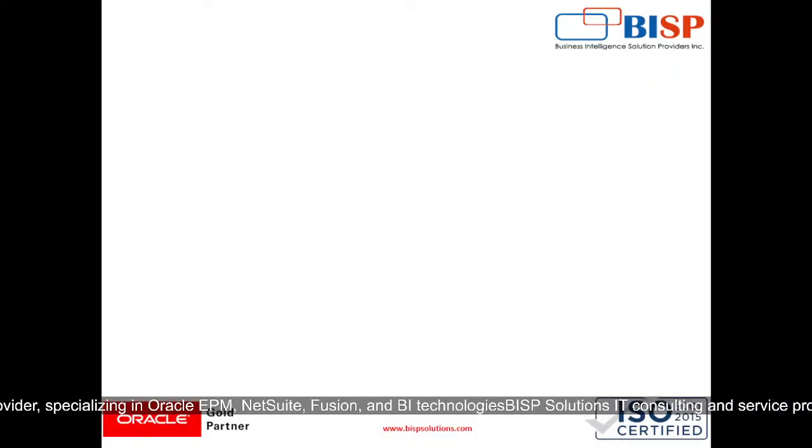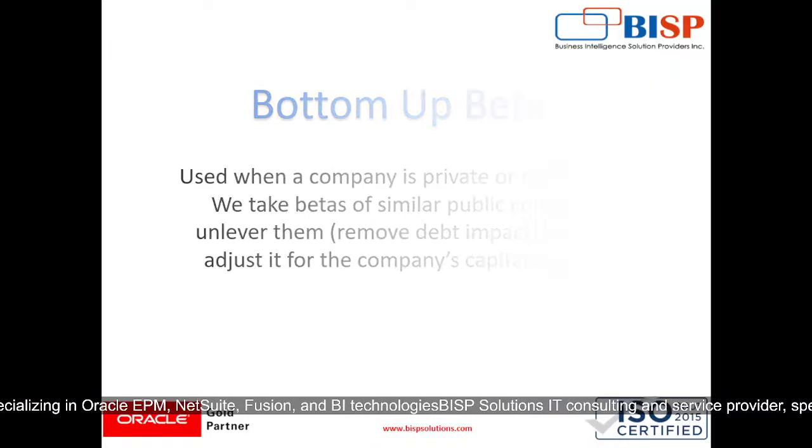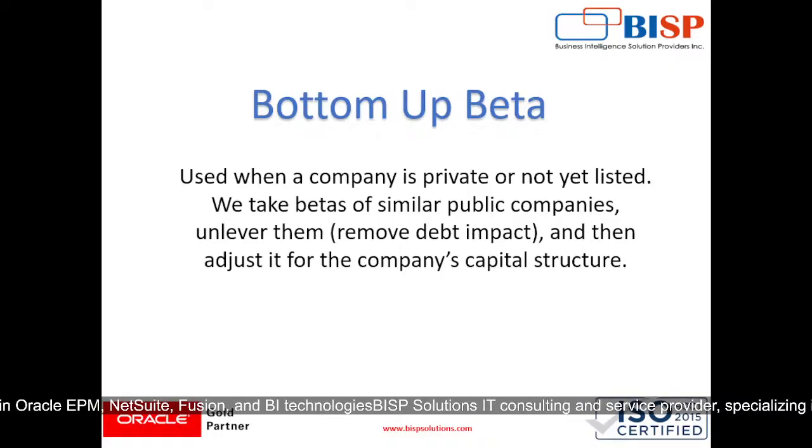Then comes our bottom-up beta, which is used when a company is private or not yet listed. We take betas of similar public companies, unlever them, which is removing debt impact, and then adjust it for the company's capital structure.